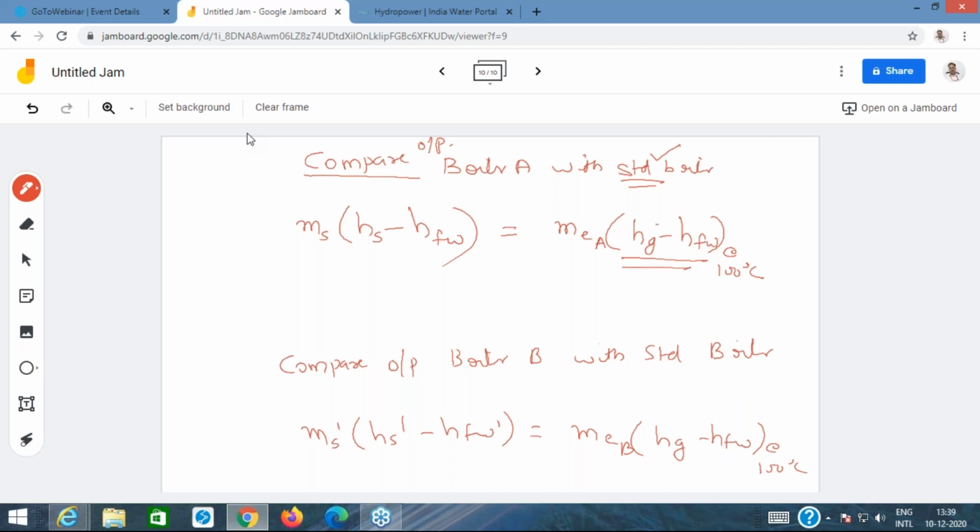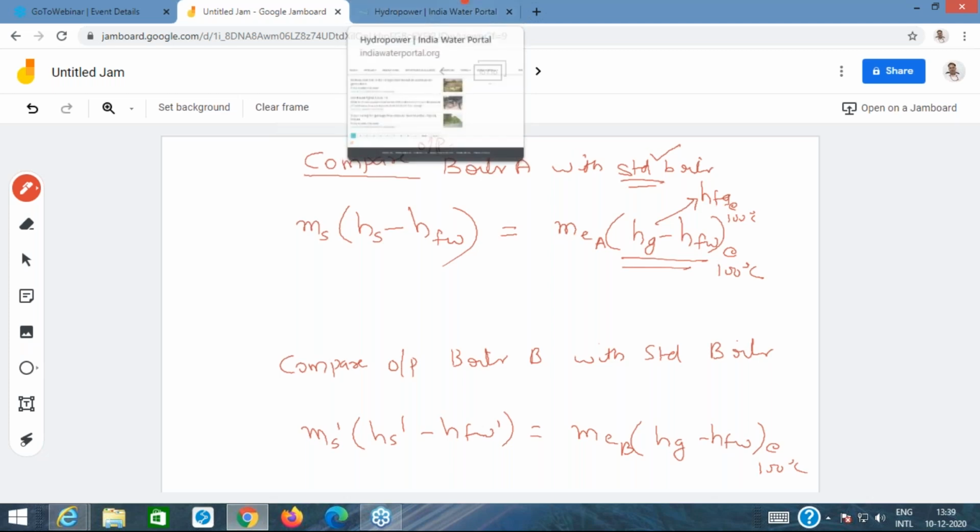Hg minus hf means hfg. How much is that hfg at 100 degrees centigrade? So hfg at 100 degrees centigrade is 2257, right? Yes or no? Yeah, Kunal is right. 2257.